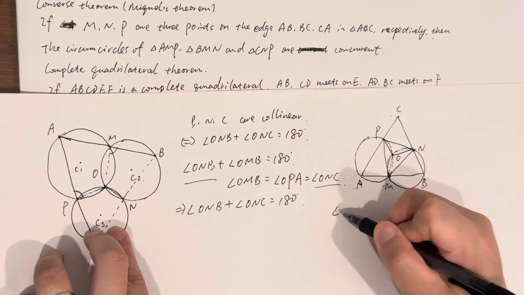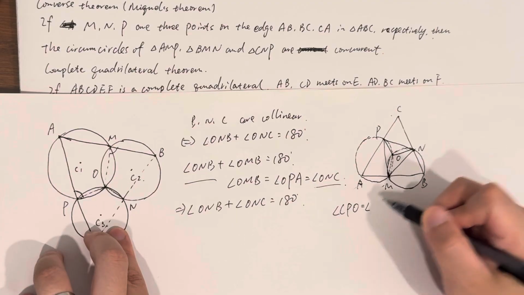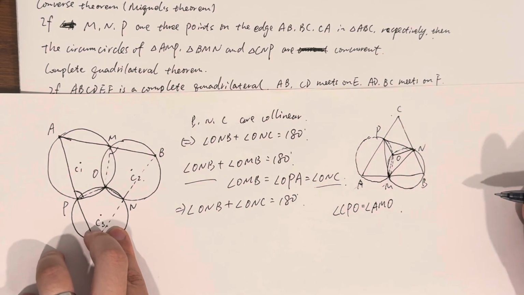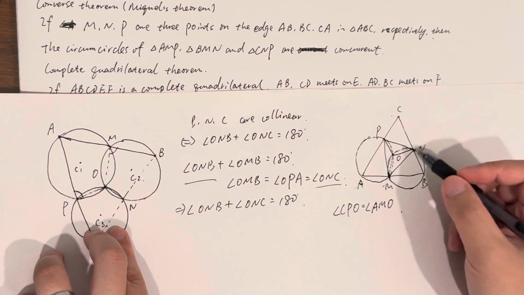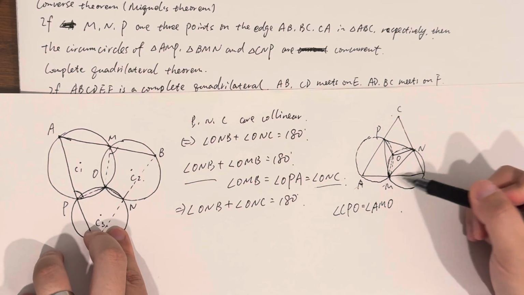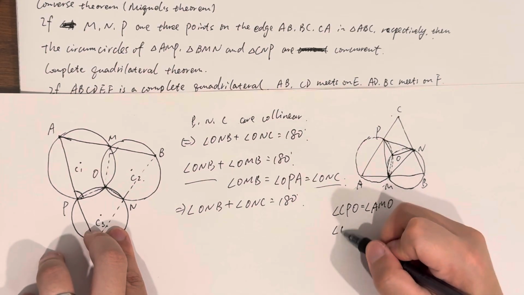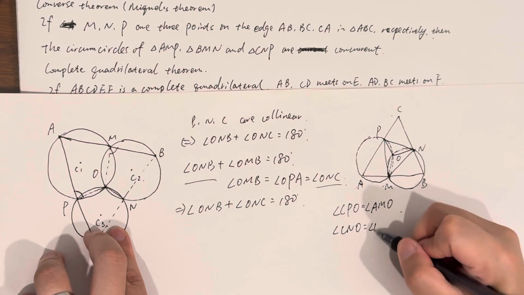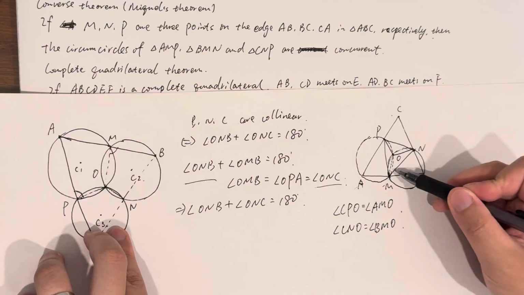So that means we know angle CPO equals angle AMO, right? This angle equals this angle. And also because OMBN is a cyclic quadrilateral, we know that angle CNO equals angle BMO, right? This angle equals this one.